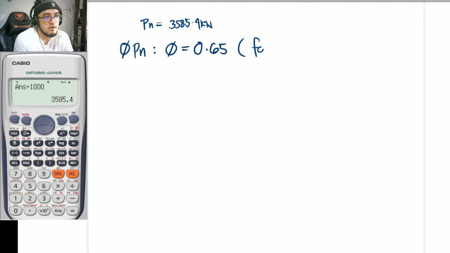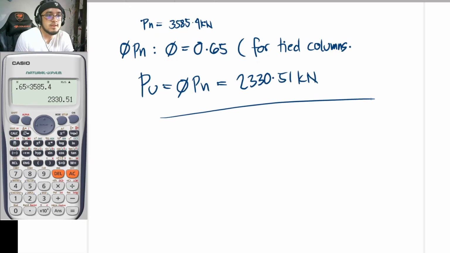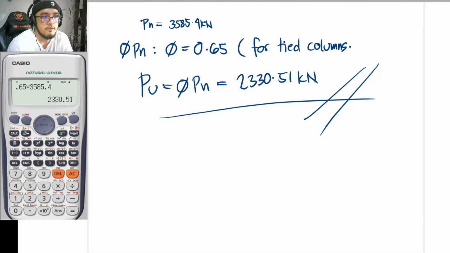So once again, for tied columns. Okay, so with that, our Pu or our phi Pn is now to be equal to 0.65 times 3585.4. So this is now to be equal to 2330.51 kilonewtons. So this is now to be our final answer.